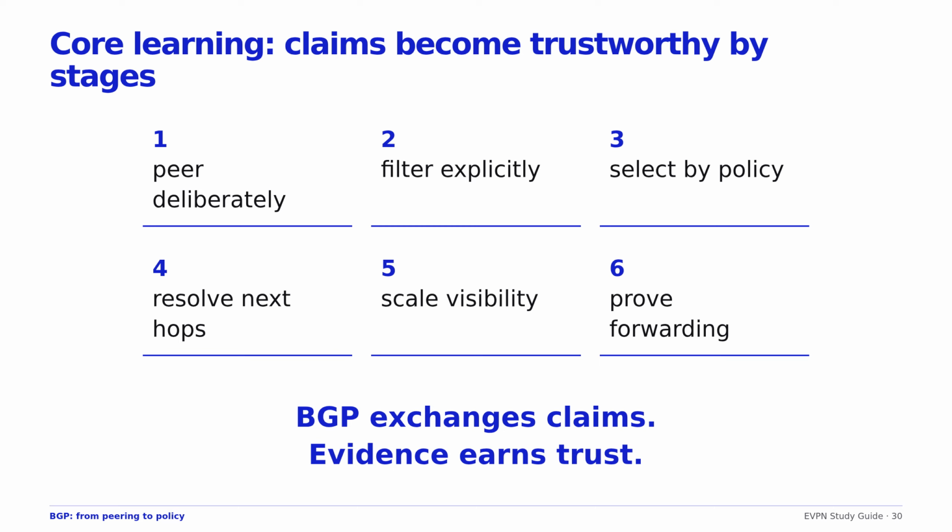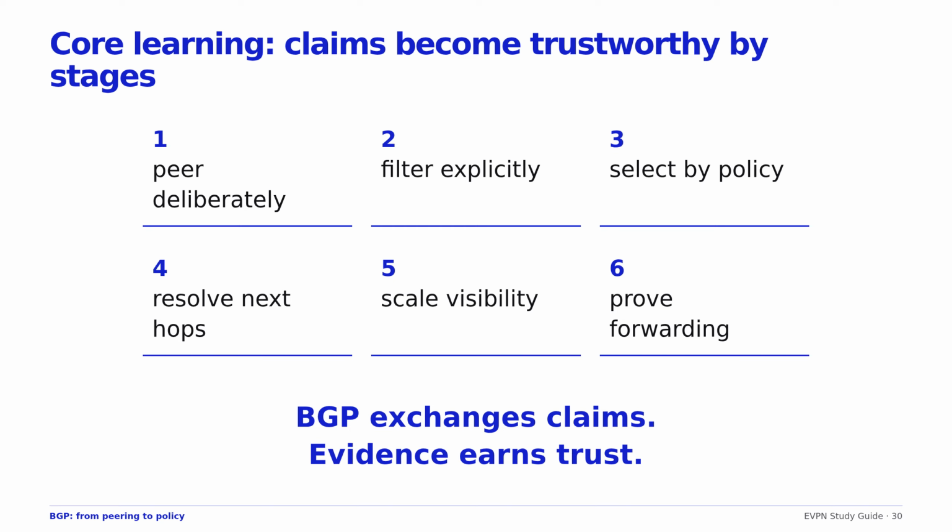Let us close the chain. BGP peers form a negotiated session over reachable TCP endpoints. Update messages change candidate routes. Import policy decides what is eligible. Attributes express path and local intent. Selection chooses a path whose next hop must resolve.